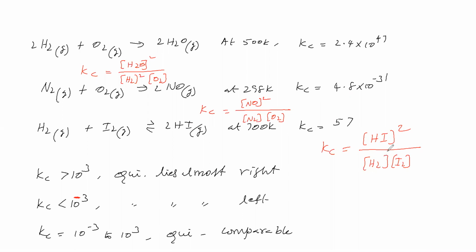We cannot say one is predominant and the other is negligible. We cannot say the numerator concentration is predominant and the denominator negligible, nor that the numerator is negligible and the denominator predominant.